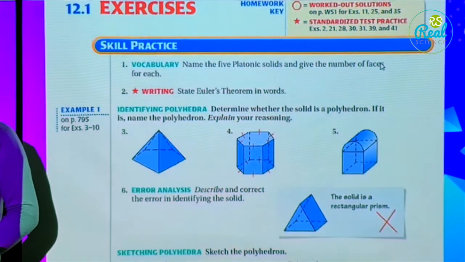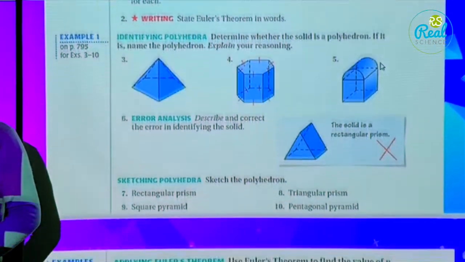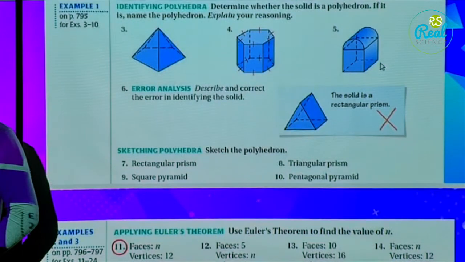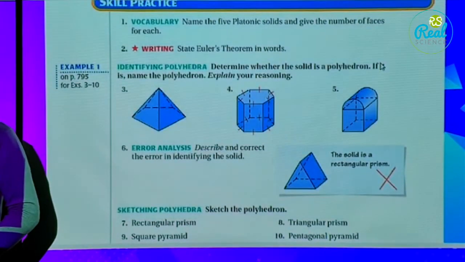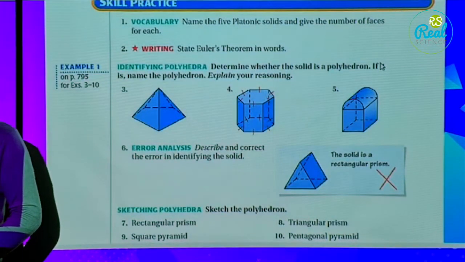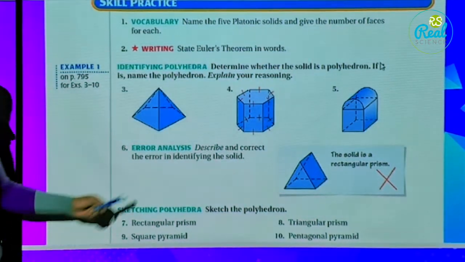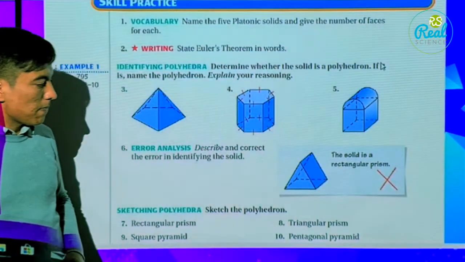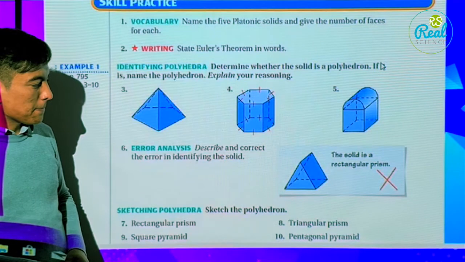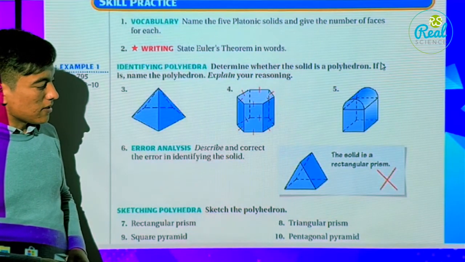So, error analysis. Describe and correct the error in identifying the solid. The solid is a rectangular prism. What's this?